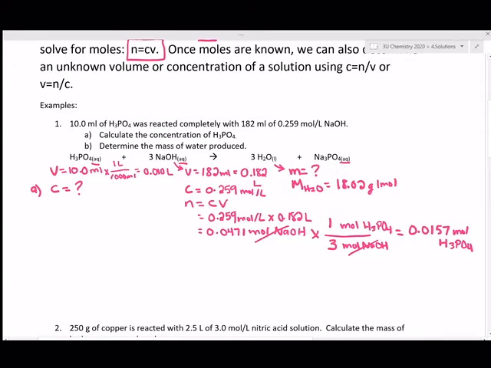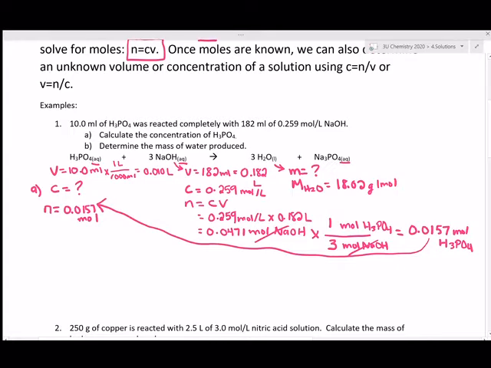Now let's look over here at the acid. We know its volume, 0.01 liters. We're asked for its concentration, and I have now solved its moles. So this little piece of information here, I'm going to drag it over here and add it to my column. So N is 0.0157 moles.